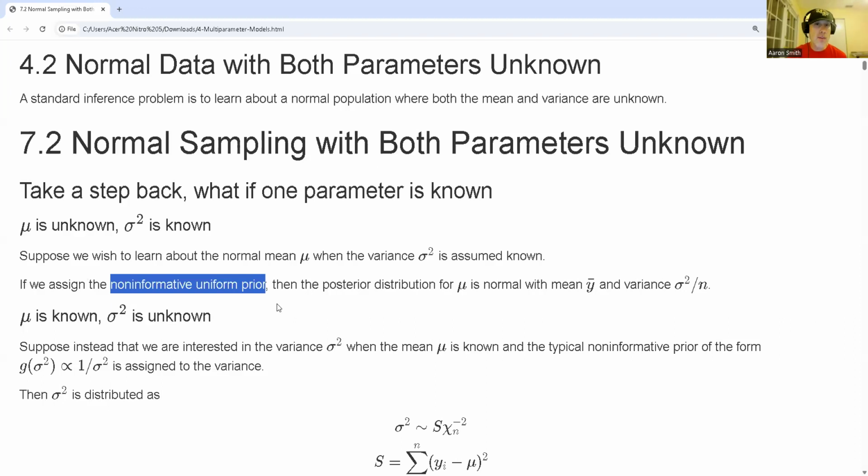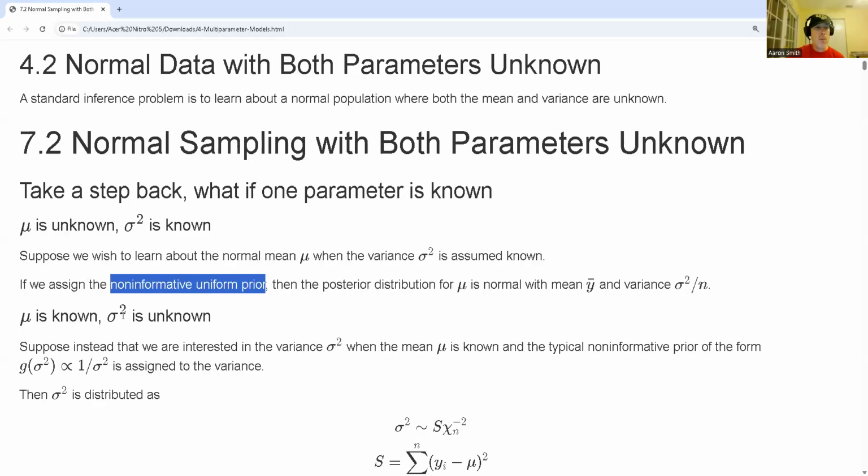In that situation, our posterior will in fact be the likelihood function of the data, because the constant will cancel out when we do our rescaling. So it's very natural to use the likelihood function, and then boom, we get the normal distribution, easy peasy, lemon squeezy.